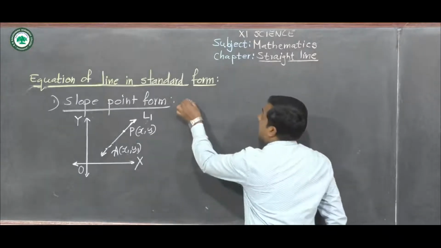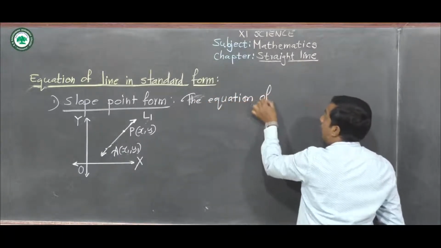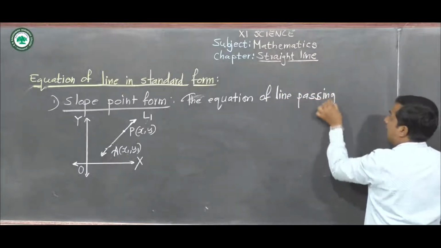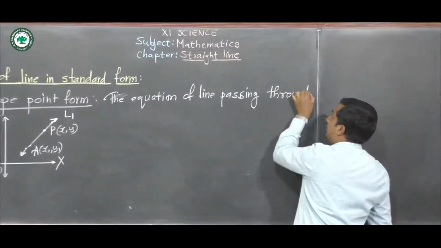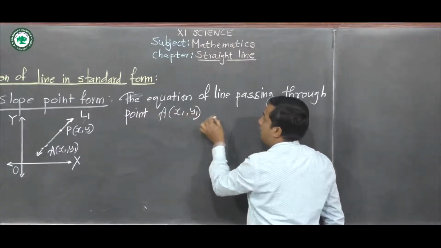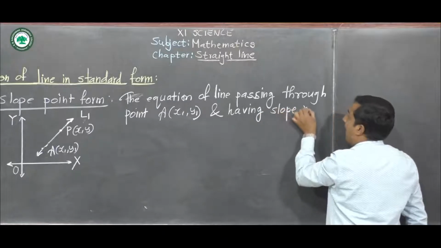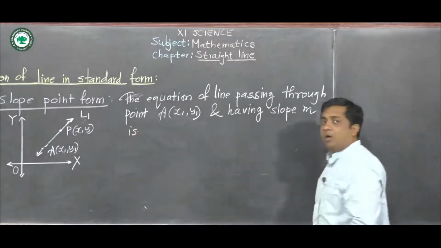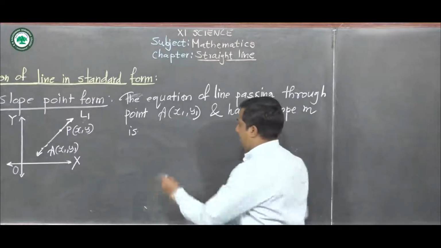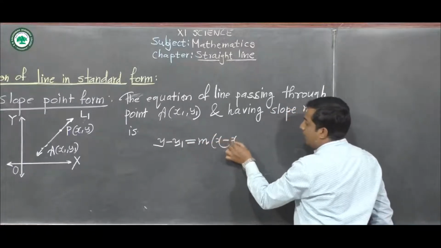So here the equation of the line passing through point A of x1, y1 and having slope m is, now try to remember this form, this form is very important: y minus y1 is equal to m into bracket x minus x1.